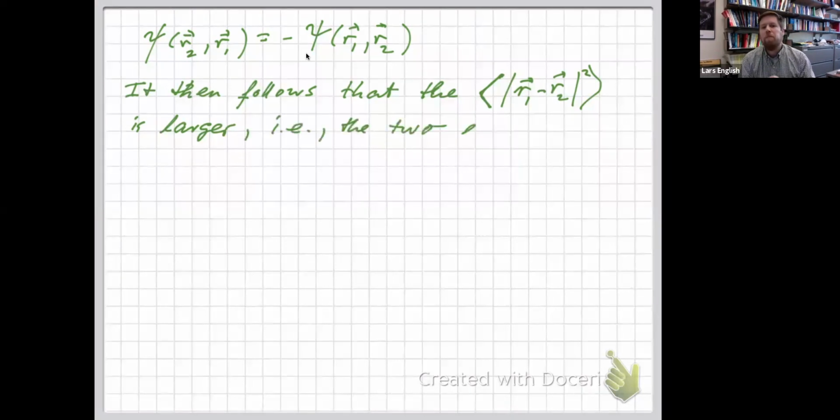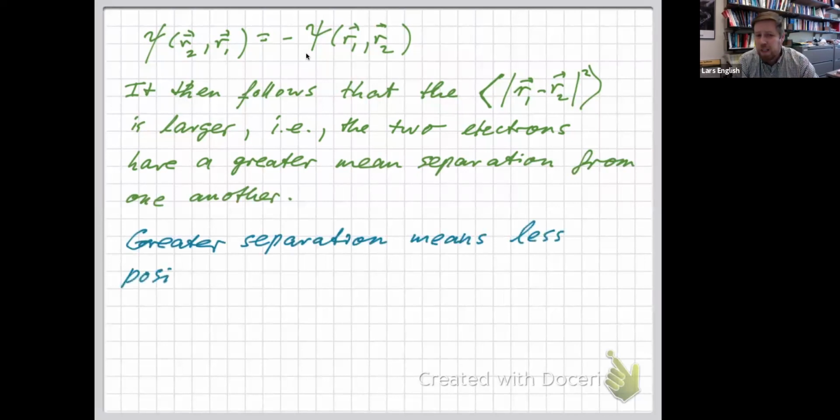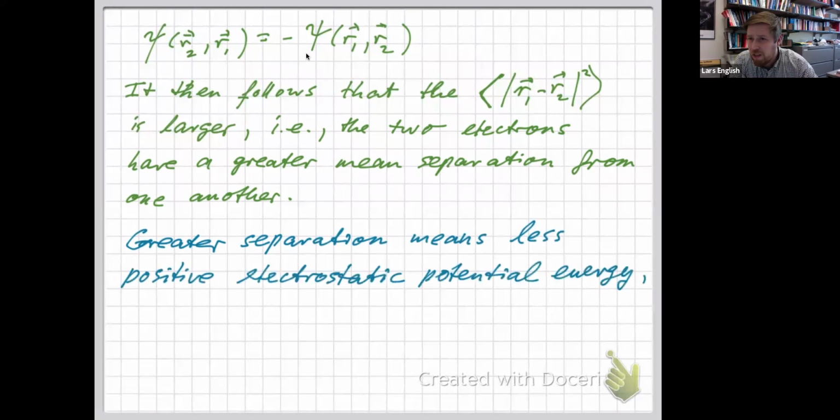And so two electrons have, on average, a larger separation from one another. Greater separation, of course, means less repulsion. They're repelling each other less in that two-particle state than they would in a two-particle wave function that is symmetric. In this anti-symmetric spatial configuration, they're avoiding each other more and repelling each other less.